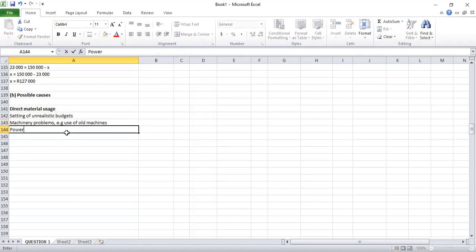Power outages during production. When an employee is busy, then power goes, there might be wastage of materials. This one is an adverse that I'm explaining here. It can also be use of lower grade of materials.